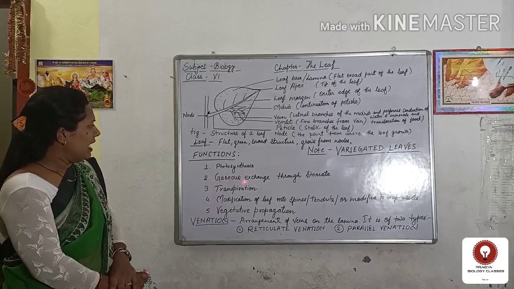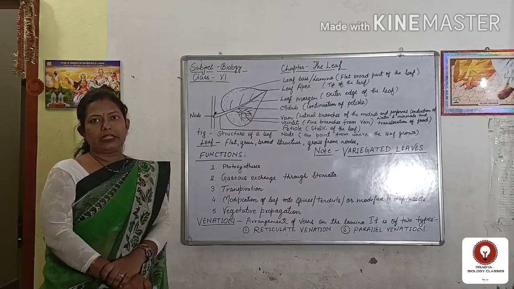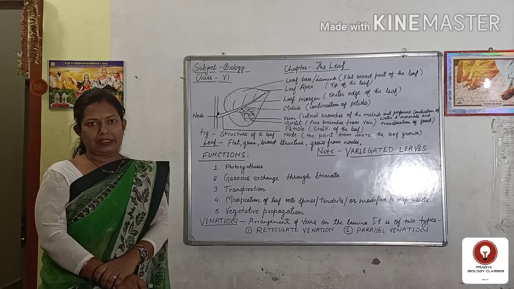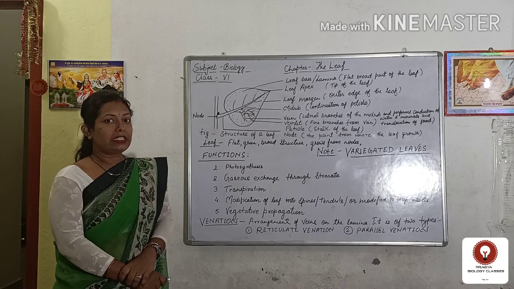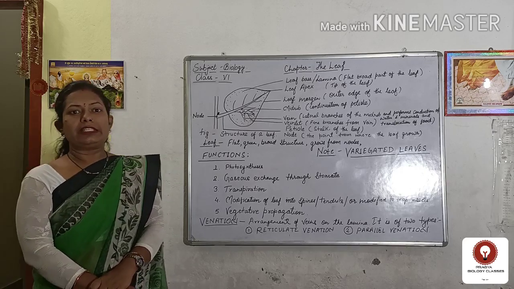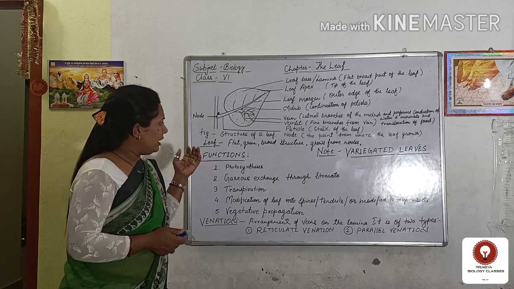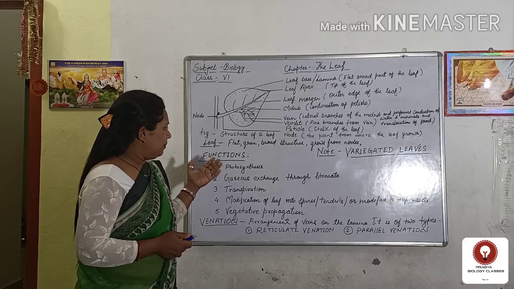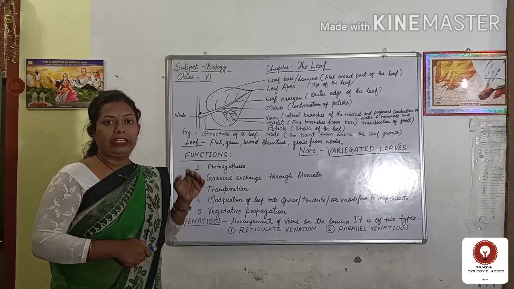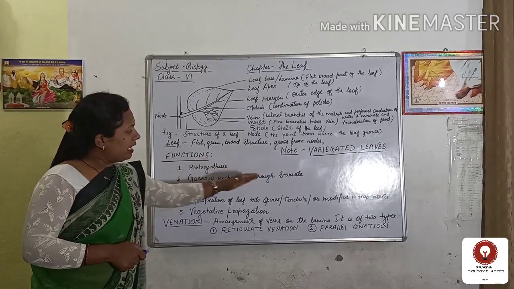Another function is gaseous exchange through stomata. During photosynthesis or respiration, the plant needs different types of gases. For example, during photosynthesis, plants require carbon dioxide from the environment, and during respiration, they require oxygen. These gases are received through the stomata.